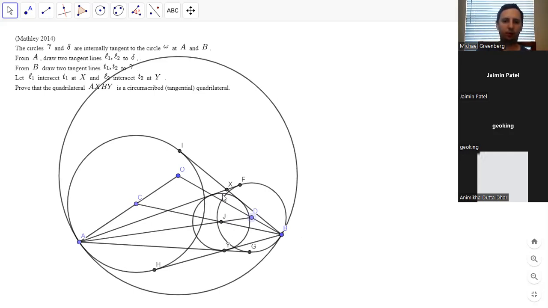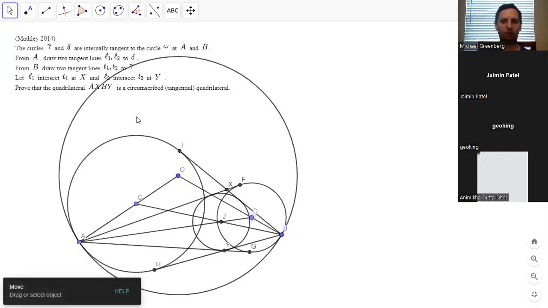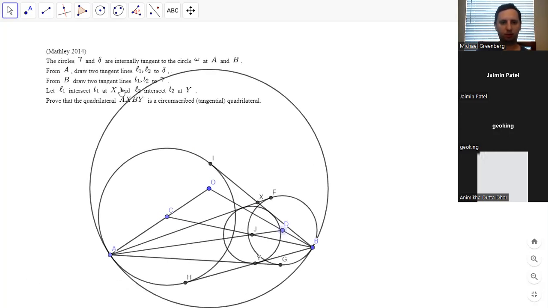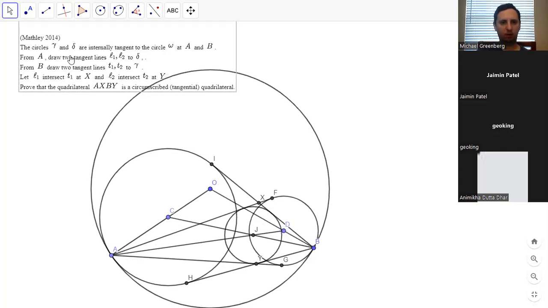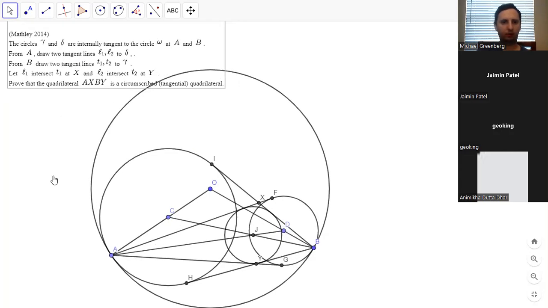I wonder if it's worth extending the tangent lines to meet the circle. So I'm going to try that.